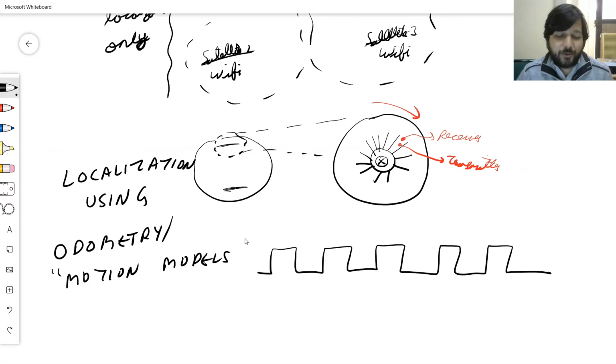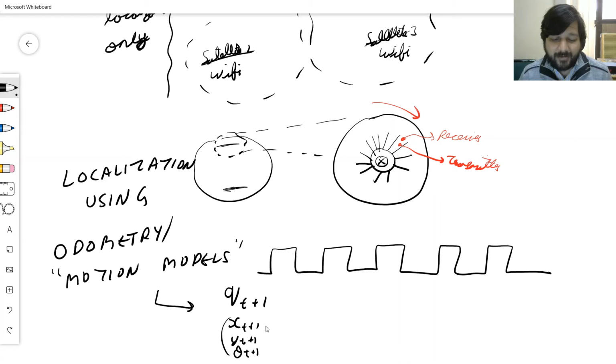And the word motion model means that my position at time t plus 1, which is basically my x at time t plus 1, my y at time t plus 1, and my angle at time t plus 1, is some function of my position at time t. A control signal u_t is applied, which is usually v and omega, for 1 unit of time.